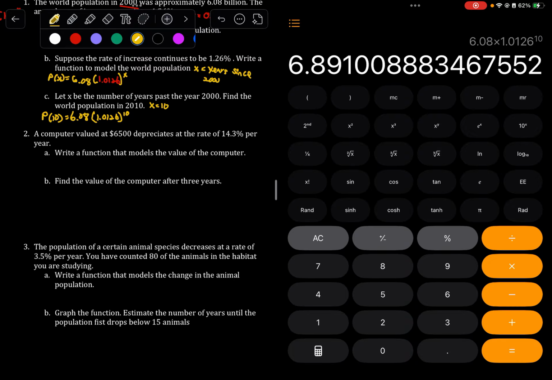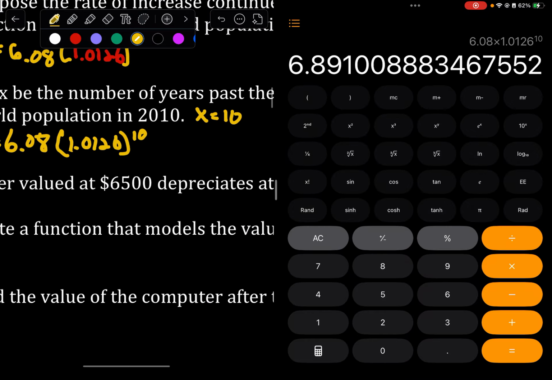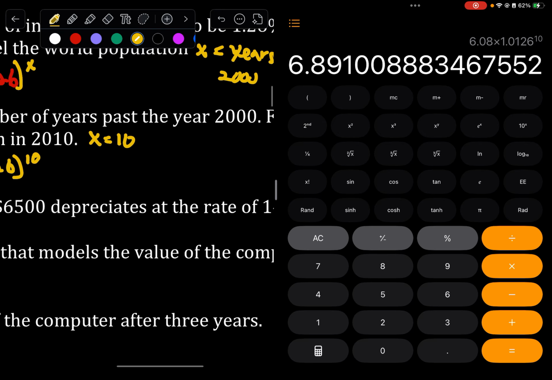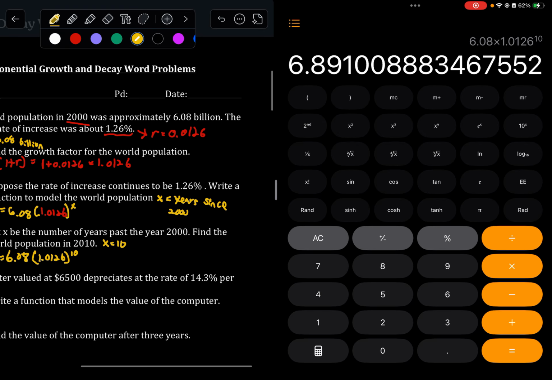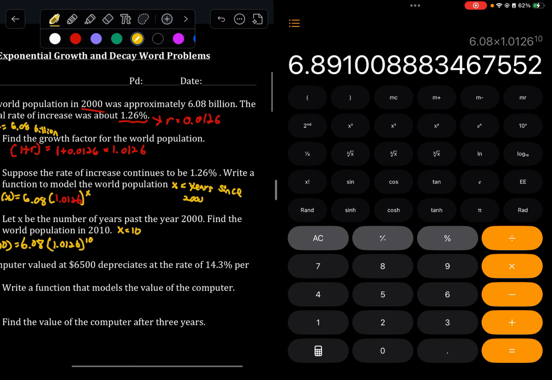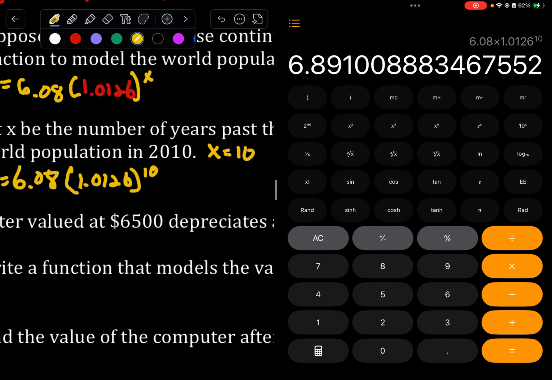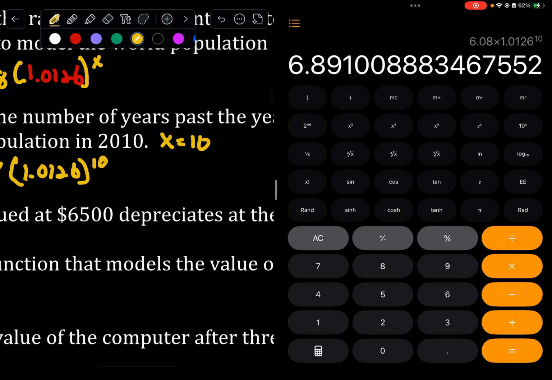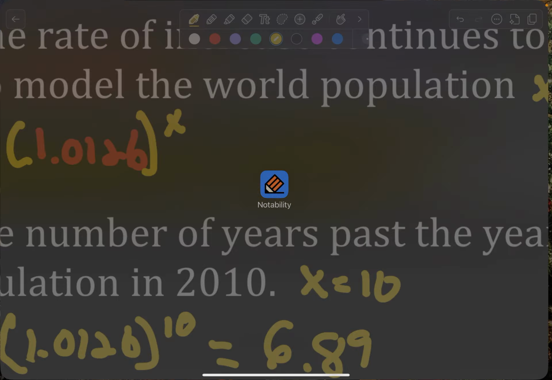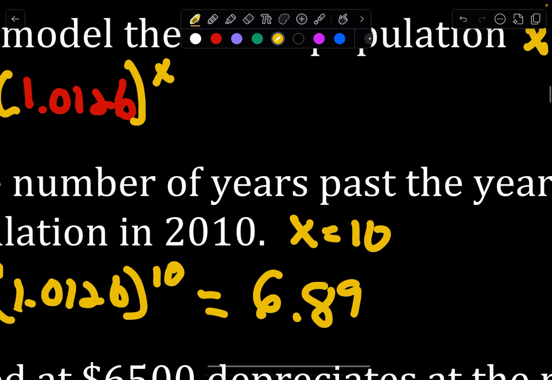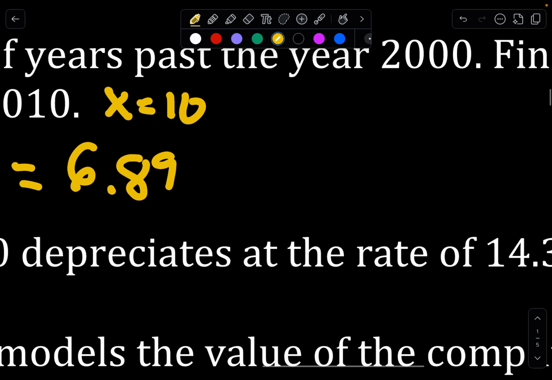You hit equals, and you get this ugly decimal. But since they gave us an initial population to 2 decimals, 6.08 billion, we're just going to take this to 2 decimals. So it comes out to be equal to 6.89 billion people.